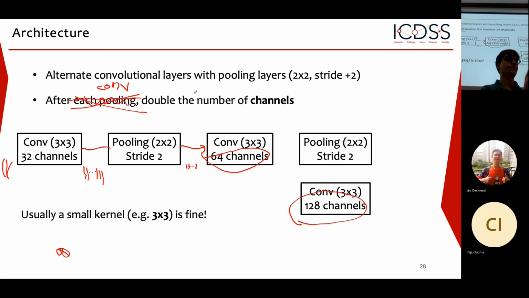So you reduce the information by pooling, but then you want to extract some new information by adding more channels. Maybe I'm not sure if my answer is completely satisfactory. Probably I wouldn't be satisfied with my answer, but maybe you can look on the internet.